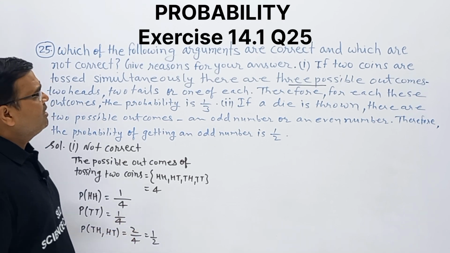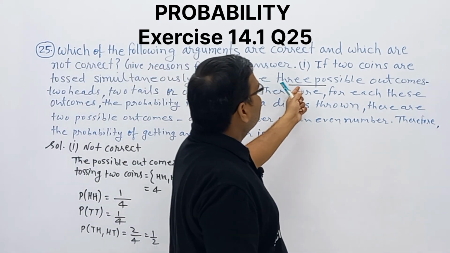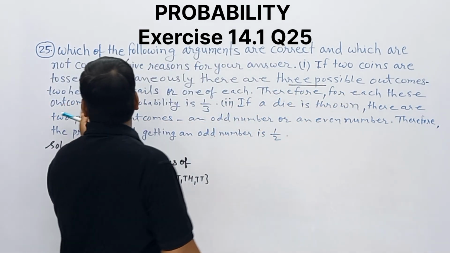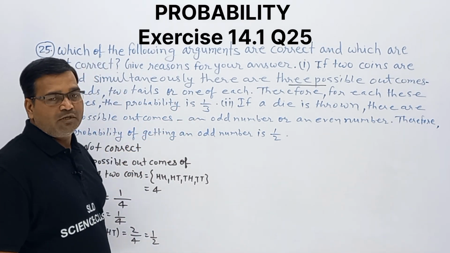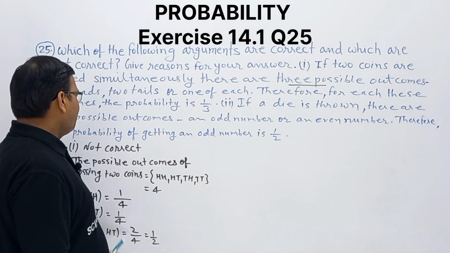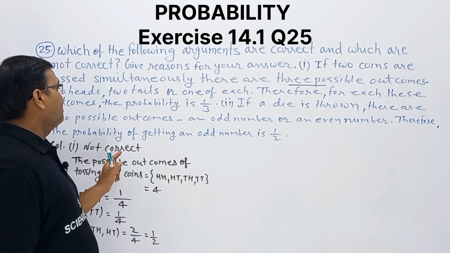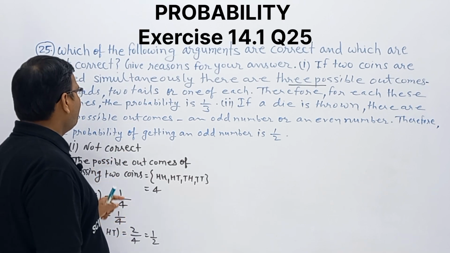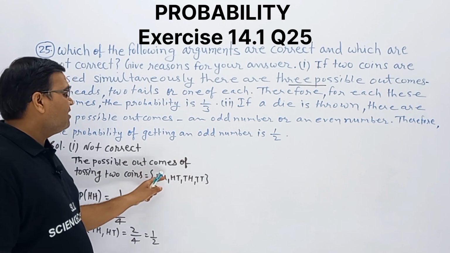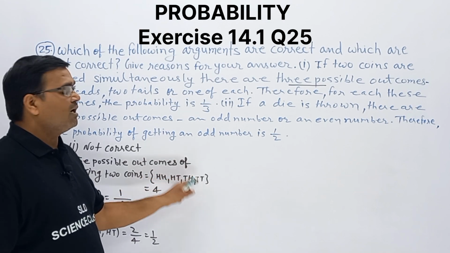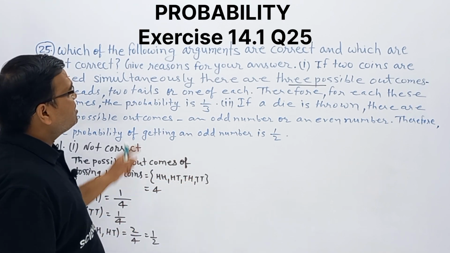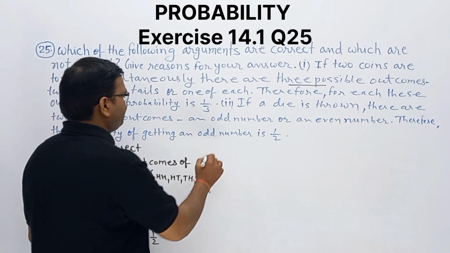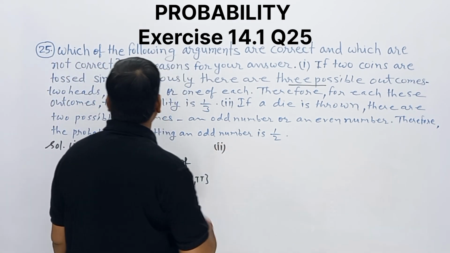Clear? But in the question we have three possible outcomes, and therefore for each of these outcomes the probability is 1/3. Wrong. Once we toss two coins simultaneously, we get four outcomes: head head, head tail, tail head, tail tail. So this argument is not correct. Clear?